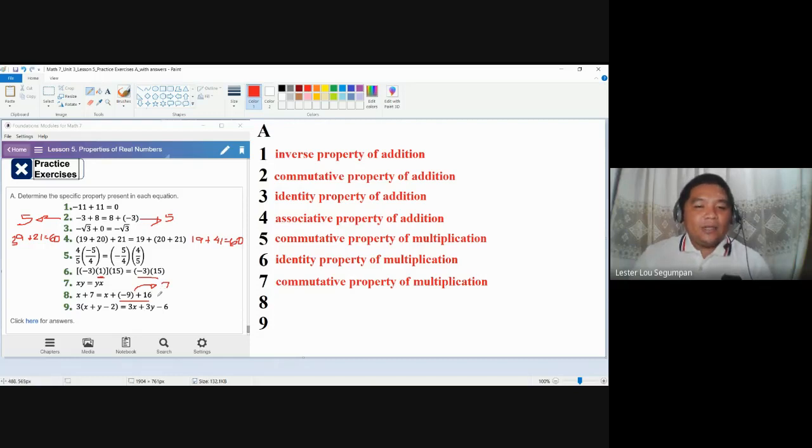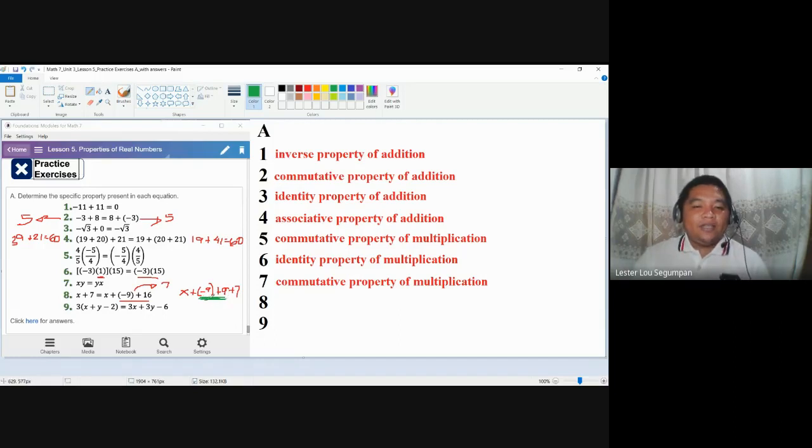16 can actually be rewritten as, I'm going to write the right hand side, x plus -9 plus 9 plus 7, because 16 is 9 plus 7. So by doing this, we have here this pairing that will actually result to 0 and leave x plus 7, similar to the original left hand side.